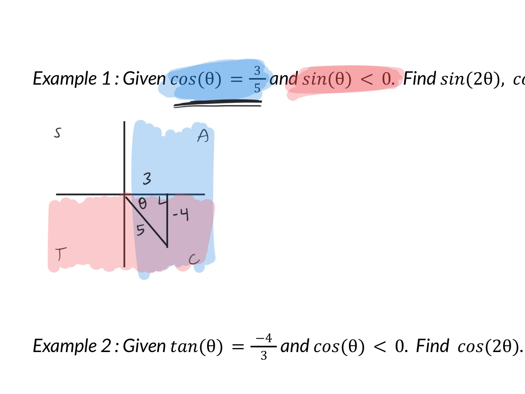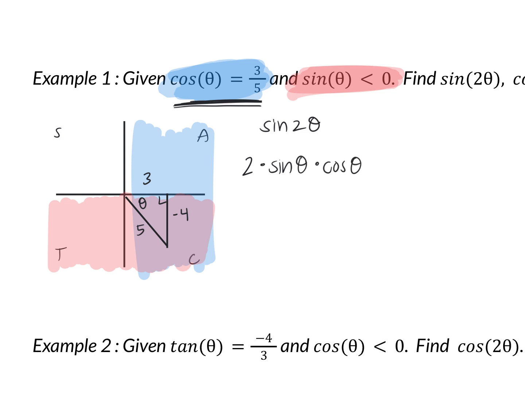All right. So now with this triangle, we're going to find sine of our double angle, cosine of our double angle, and tangent of our double angle using our formulas. Okay. So starting with sine of 2 theta, we're going to use number 24. So that's going to be 2 times sine of theta times cosine of theta.